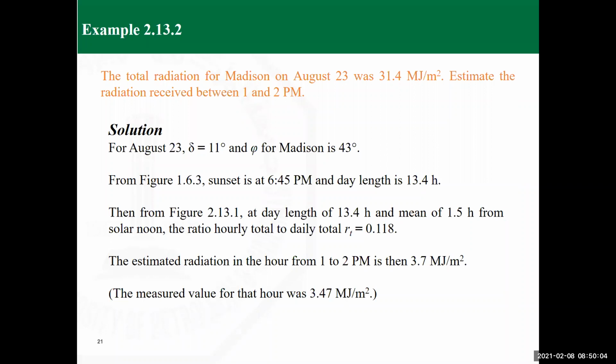Then this 0.118 is the ratio between I over H. H is 31.4 as given in the example at the top of that slide. So 0.118 multiplied by 31.4 will give a value of 3.7. And here is a note that this value can be measured by instruments and the value will become 3.47.